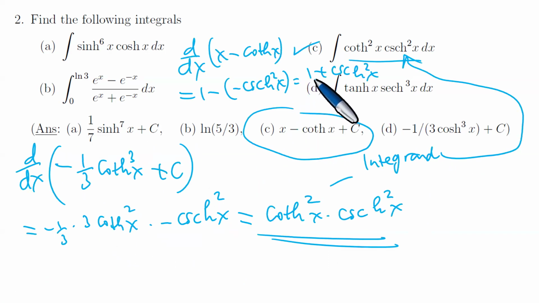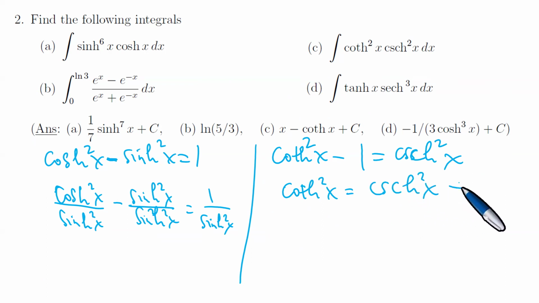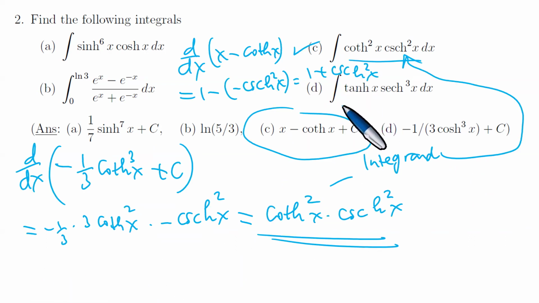Which is therefore now, we want to investigate what is 1 plus cosecant squared. So with this identity, cosecant squared plus 1. What is hyperbolic cosecant squared plus 1? It is the coth squared. Meaning 1 plus the hyperbolic cosecant squared, we can say it is coth squared x. We are trying to prove that the answer is wrong. So we differentiate it, and you must be able to get the integrand back.